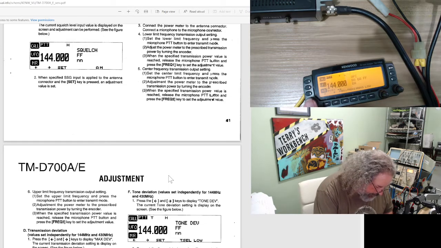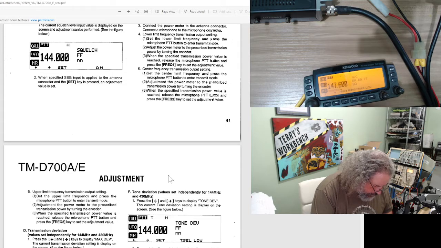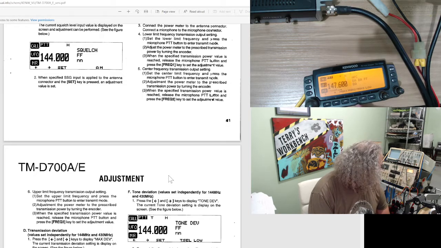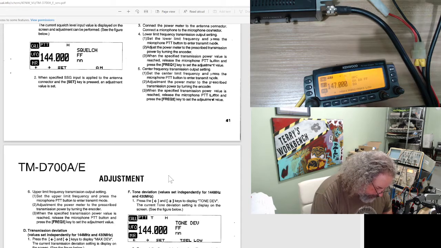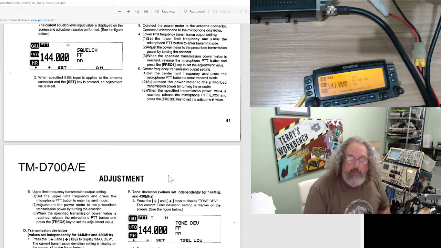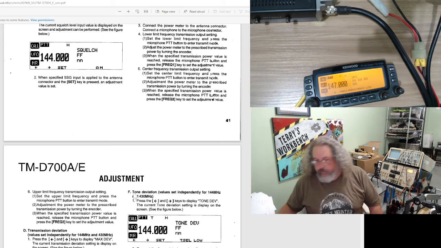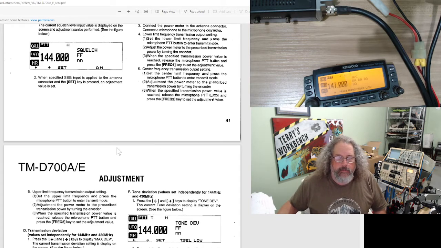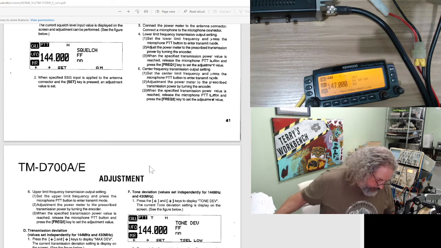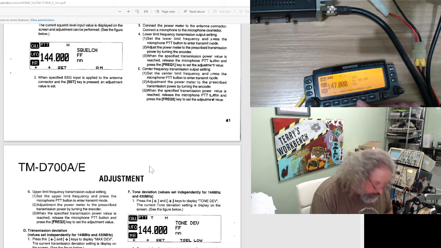And then our upper limit would be, so about the same. So those are all the same all the way across. Okay. All right.